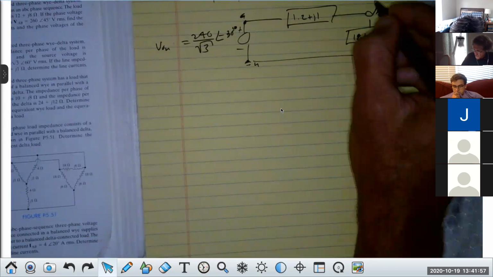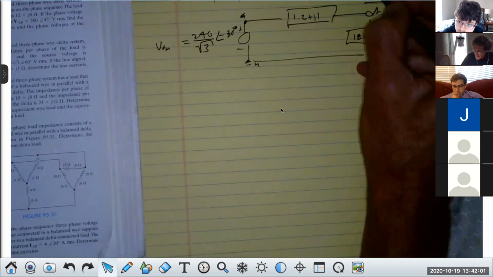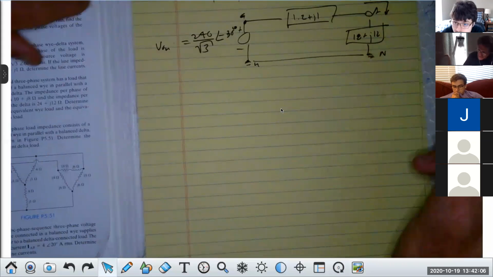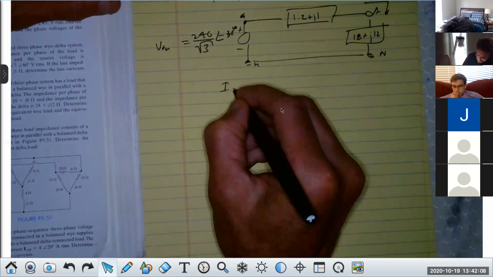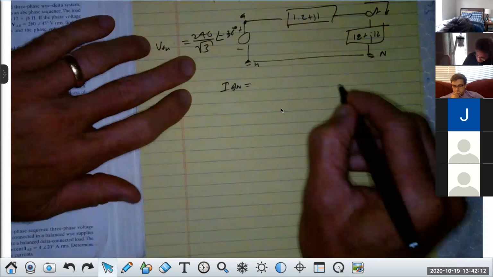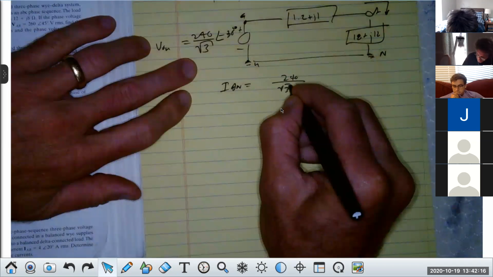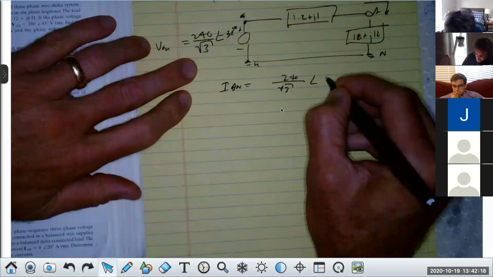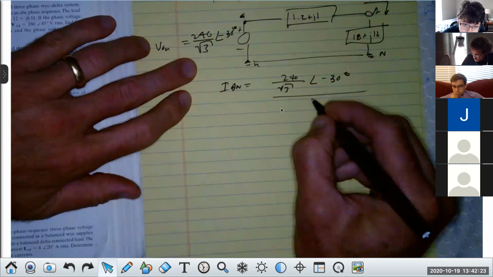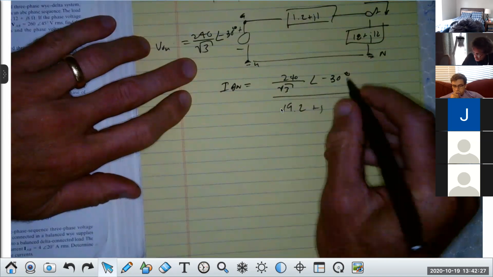Well, the only current I'm going to get is this one. We know how to get the others. This is small a, capital A, which is actually I, capital A, capital N. And what is that, class? We know from before. That's voltage source 240 over the square root of 3, angle minus 30. Then the total is what? 19.2 plus J13, right?